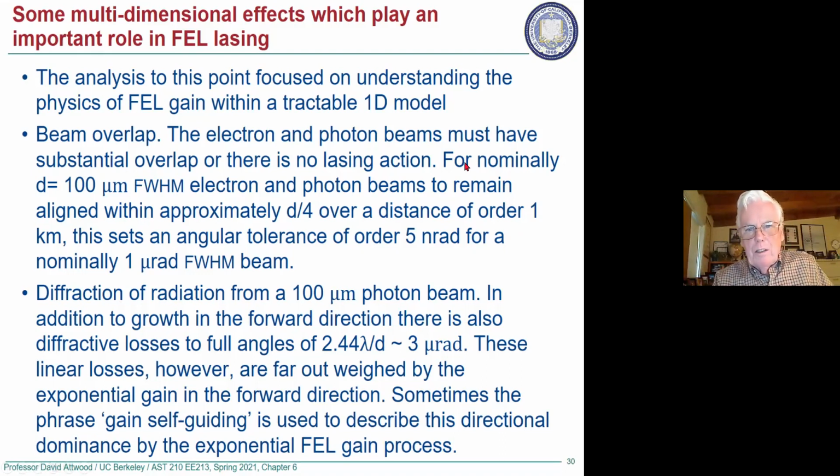So in the numerical simulations, they would include that. And here's an estimate of what kind of angle you would have for diffraction. It's not nanoradians, it's much larger, but this radiation is lost, and the FEL, the wave of interest, is being exponentially amplified as it goes along. So this loss out to the side turns out to be not so important, okay? But it is a loss.